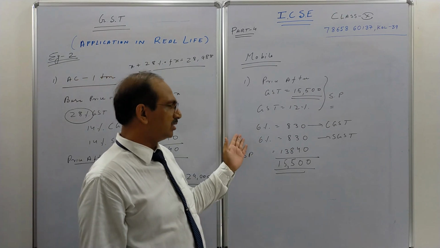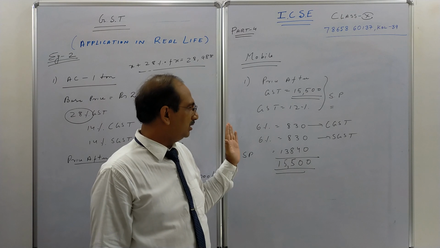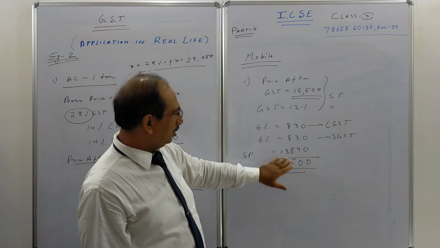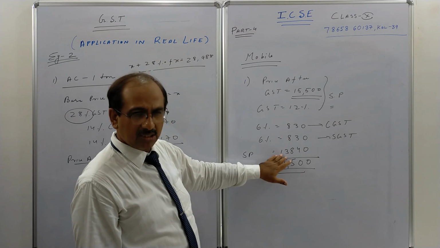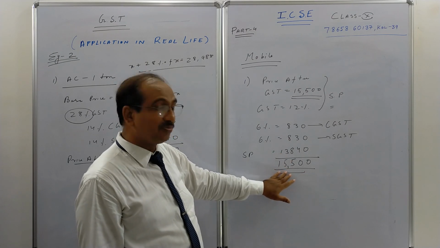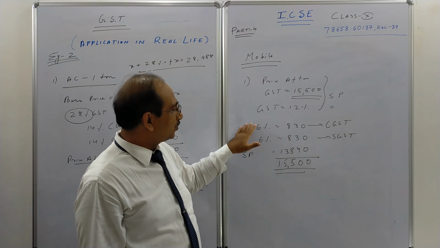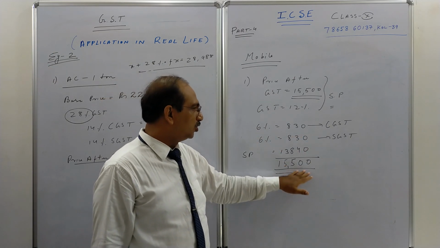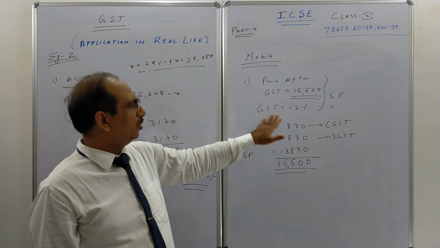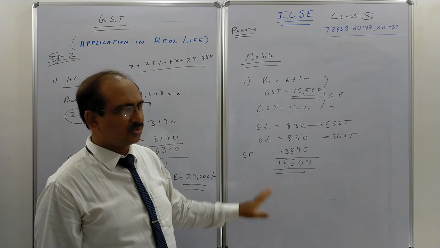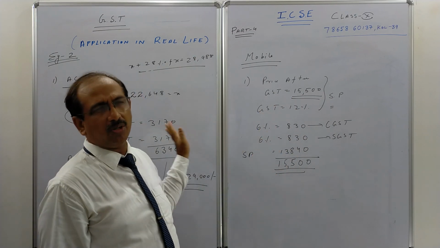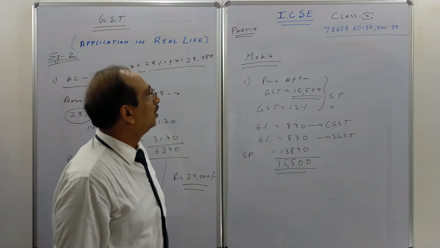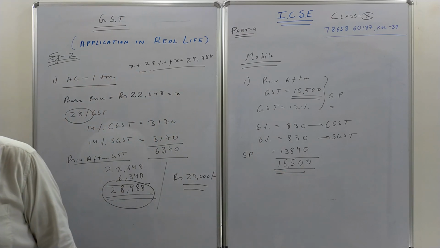Sometimes I was seeing people talk about 18% GST, but this is what I saw in my receipt. It showed this is my selling price, which they never told me. They told me 15,500, and this was written: 6% CGST, 6% SGST, 830. If you do a little bit of rounding off, I have done almost, it is some rupees and paise. To avoid confusion, I have rounded off from the very beginning. So I paid 15,500. Next, two more examples we will see in our real life.